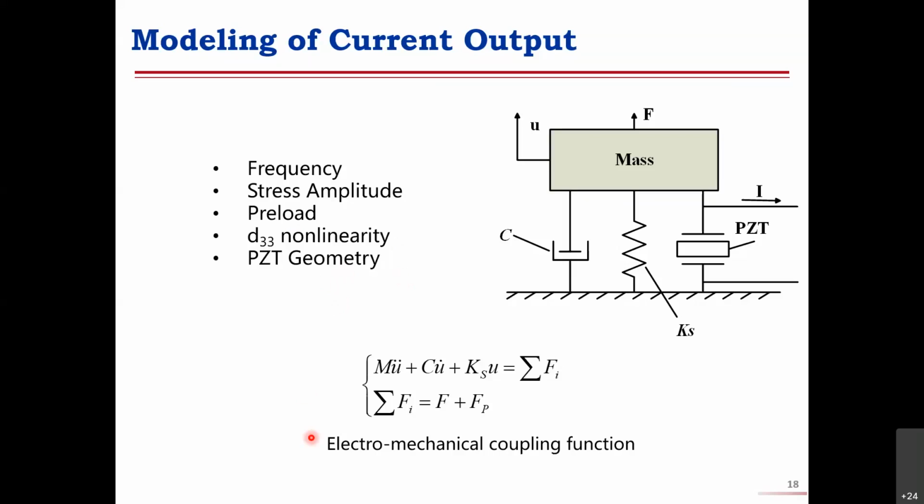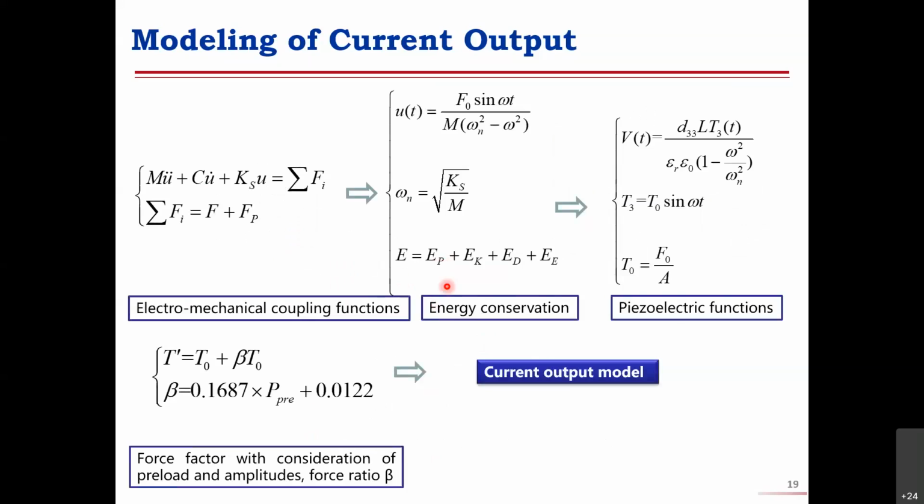And we use the electromechanical coupling function accompanied with energy conservation and piezoelectric functions, and also the force vectors. Now we have our new current output model, and we will publish this. We are looking forward to publishing it soon.